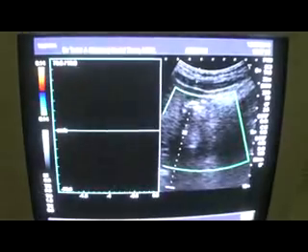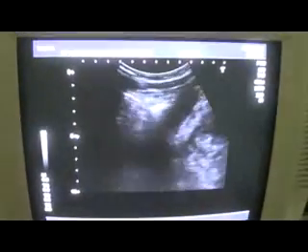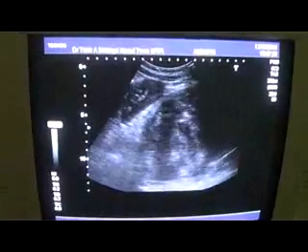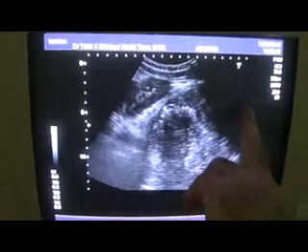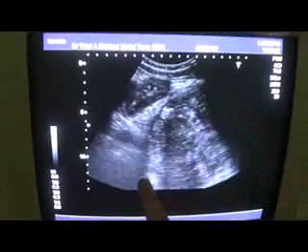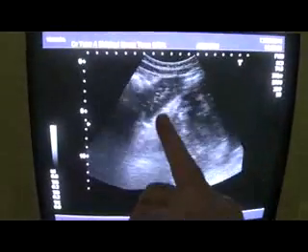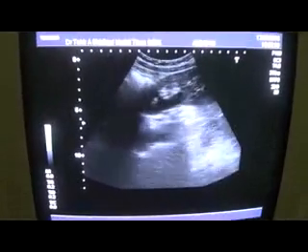Coming towards the study again. Now you see, this is the mass that extends from the lumbar region medially and inferiorly. This is the mass, and this is the kidney, and here is the aorta.